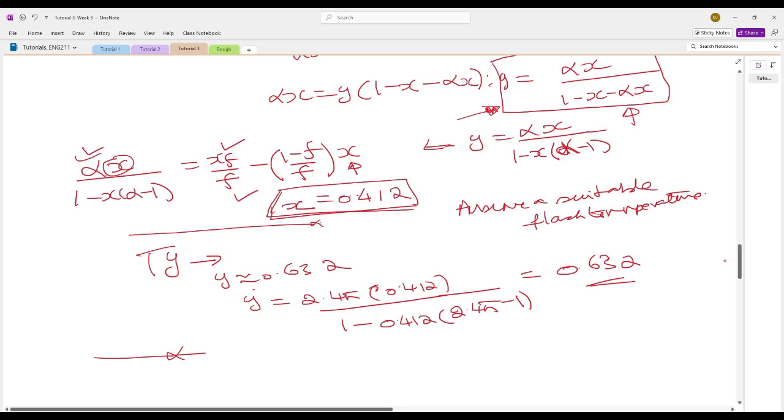You have alpha, you have x of, you have f. All you need to calculate is just x, which is easier to do. So that solves the problem. You can go to the next one.